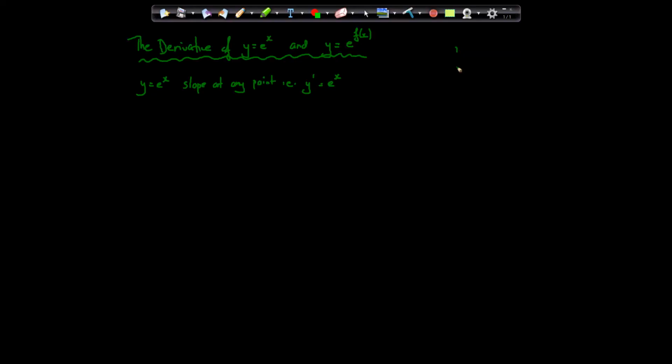So yes, it means that if we've got our good old exponential function, and I wanted the slope, say, at point A here, and let's say this was corresponding to an x value of, say, 3, and this of course would be e to the power of 3, because that's what y is equal to, e to the power of x, then the slope at that point would also be e to the power of 3, which is a pretty remarkable sort of result, but there you go, that's what the result is.